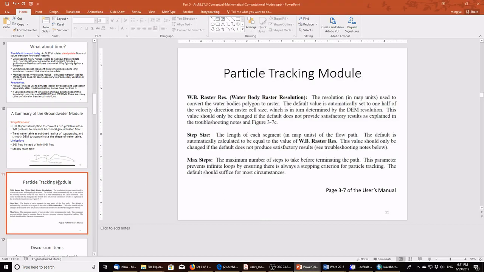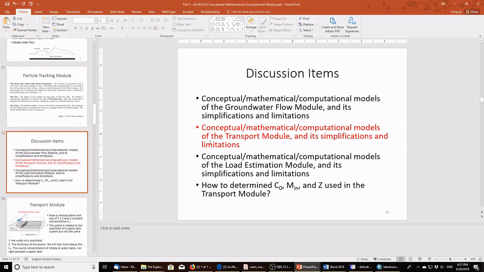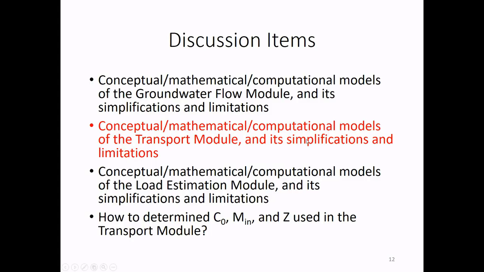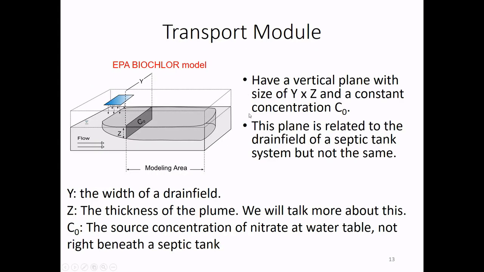Now let's move to the transport. We're going to talk again about the conceptual, mathematical, and computational model behind this transport module, and this could be a pretty complicated thing. Look at this. This is our conceptual model of our transport module. As I mentioned before, our flow model is 2D, just in the XY coordinates.